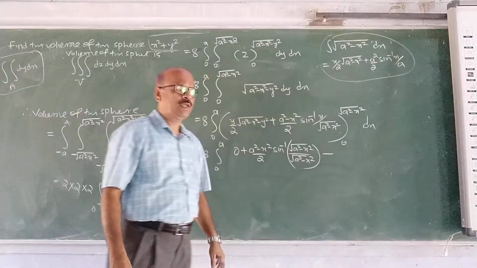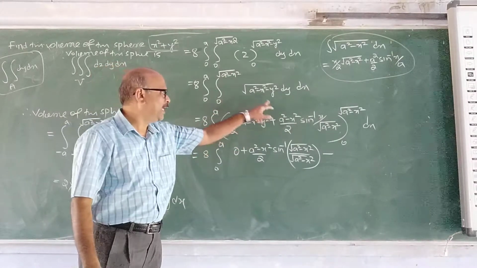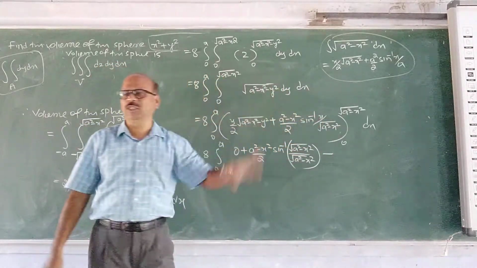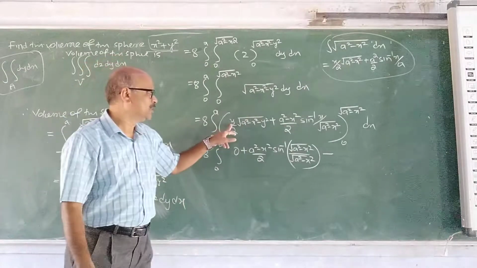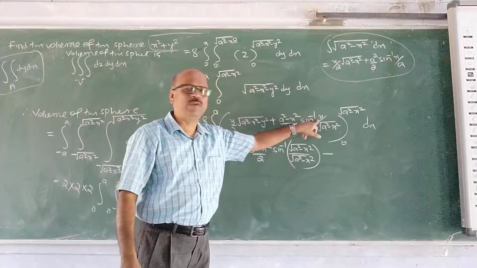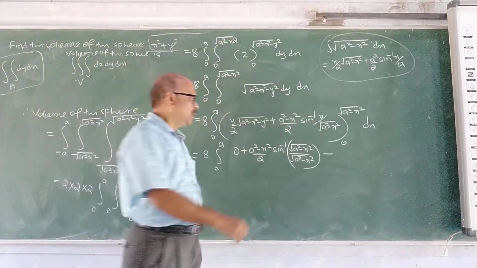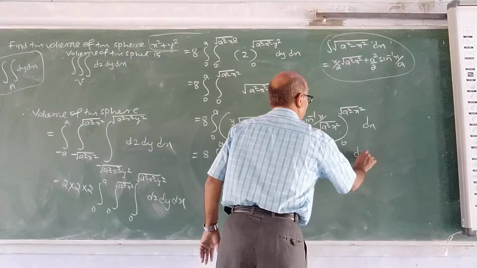Minus, you have to take y is 0. Minus the value of the complete expression when y is 0. Y is 0 gives the first term 0, because y is there. The second term also, y is 0 gives 0, because sin inverse 0 is 0. Minus 0, with respect to x.